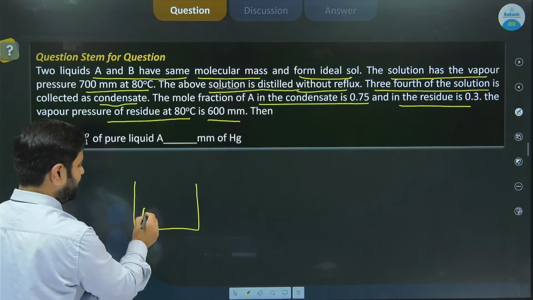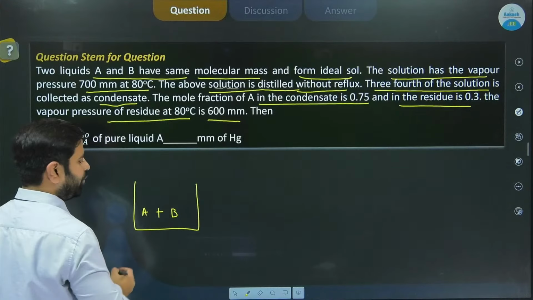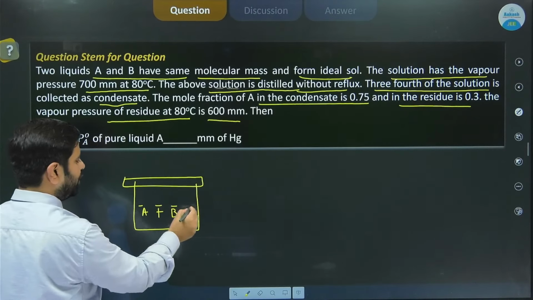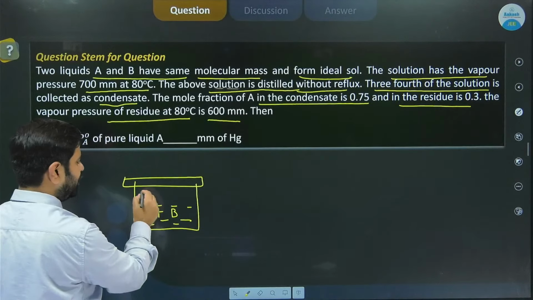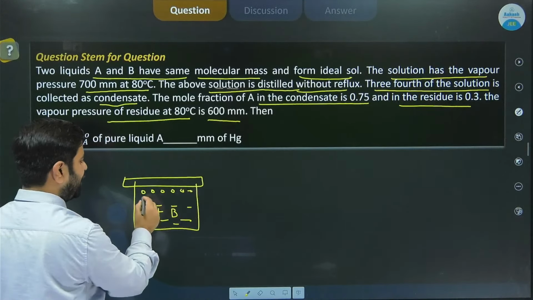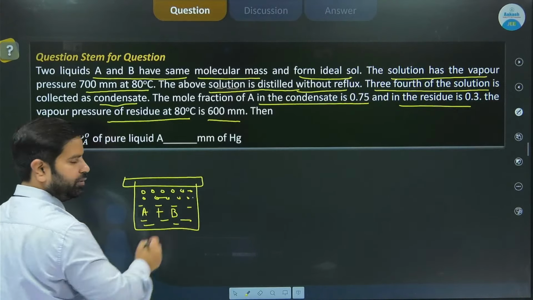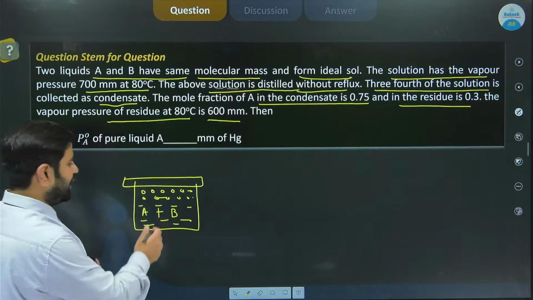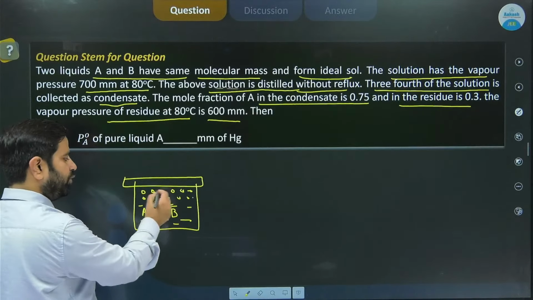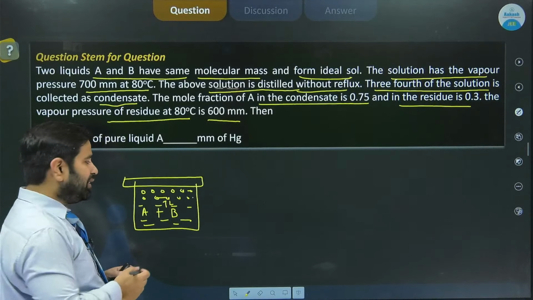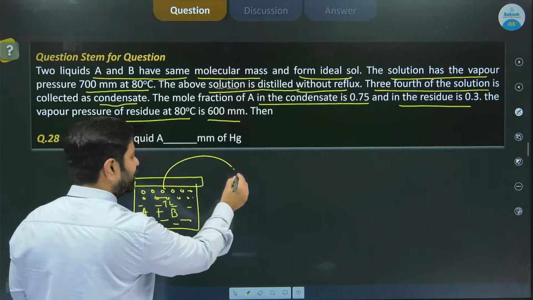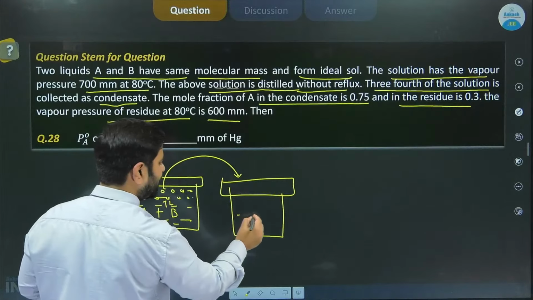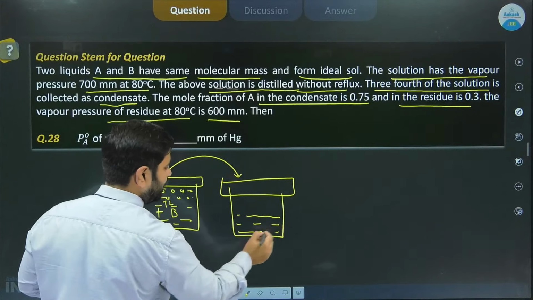Let's understand the problem. We have a mixture of A and B and this mixture has been vaporized in a closed container and the equilibrium is established. The problem is based on Raoult's law and Dalton's law. The equilibrium is established between these vapors and the solution, and the vapors are condensed in another container.